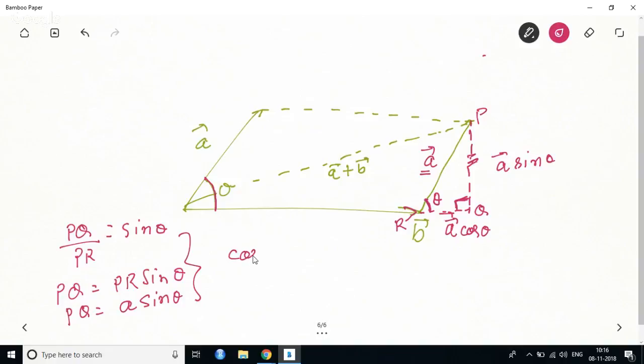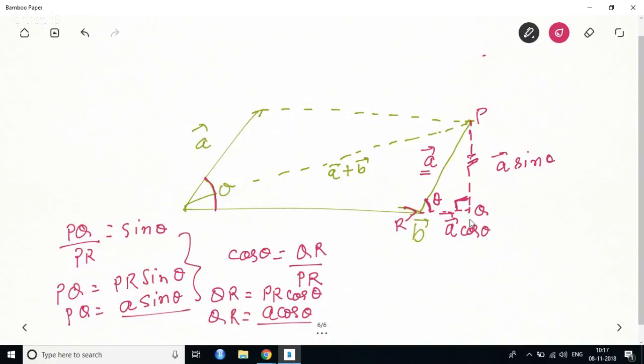I know that cos theta is equal to QR divided by PR, so QR is equal to PR cos theta. PR is the A vector, so QR is equal to A cos theta. As simple as that. Now try to understand.